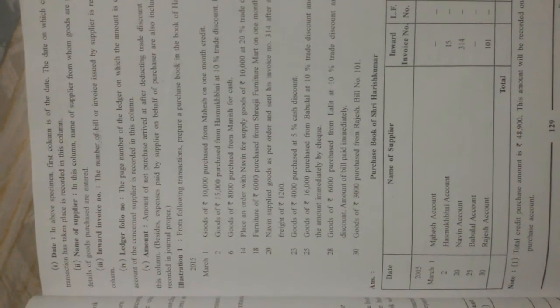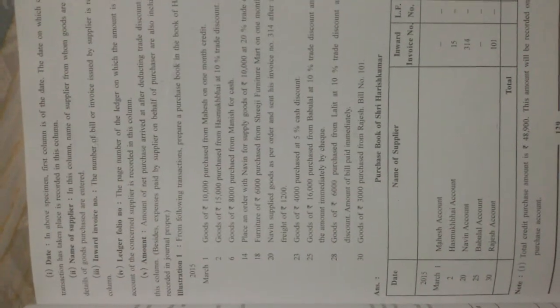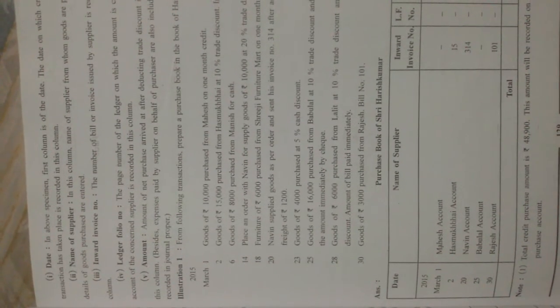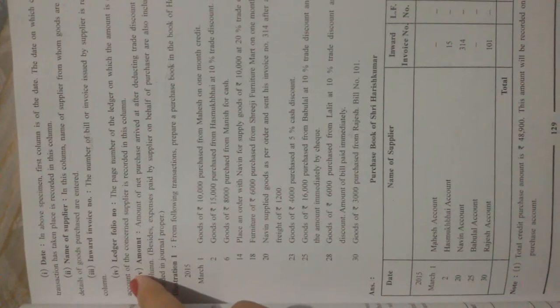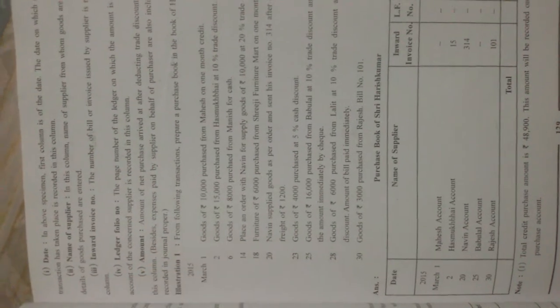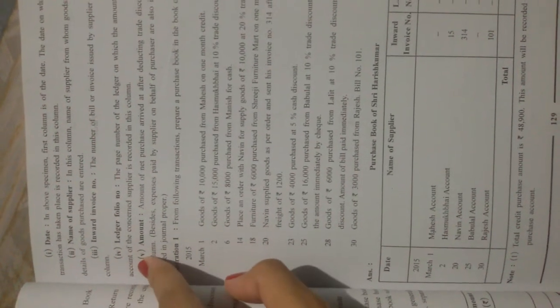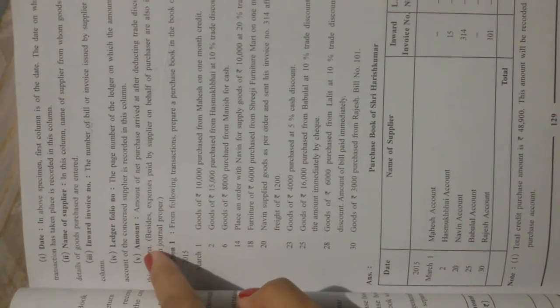Then the fourth is ledger folio number, which means the page number of the ledger on which the amount is credited in the account of the concerned supplier is recorded in this column. This happens when you prepare the ledger posting. So on the basis of the ledger, you have to write the account's ledger folio number. And the fifth one is amount.